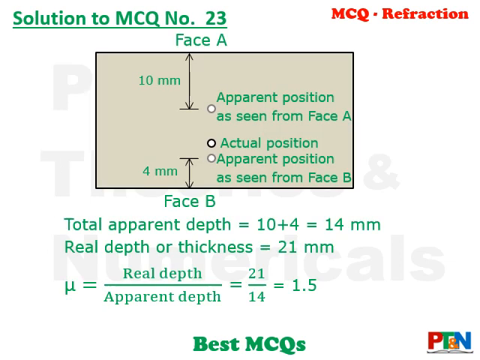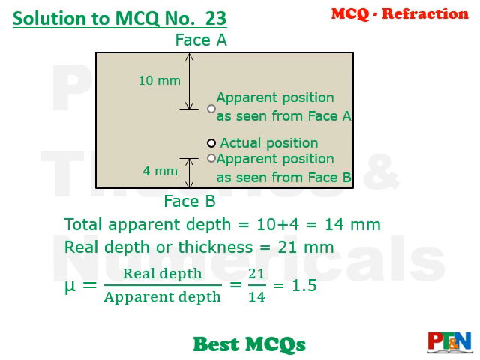See, the situation is like this. This is a glass slab. You can see face A and face B. From face A, the apparent position of bubble is at 10 millimeter depth, and from face B, it is at 4 millimeter depth. Had the bubble been at the bottom, you could have got this apparent depth at one shot.